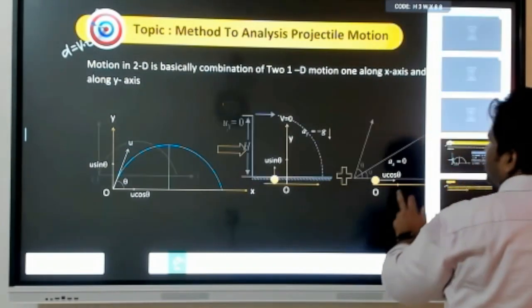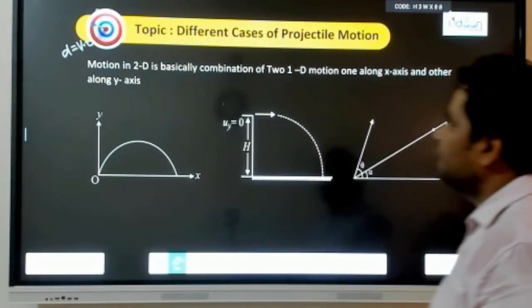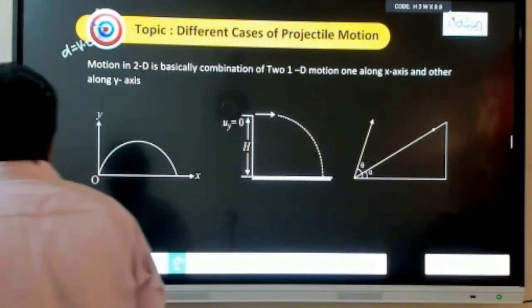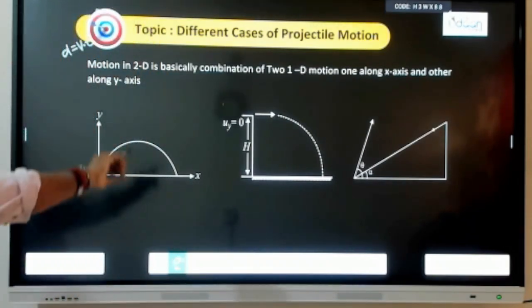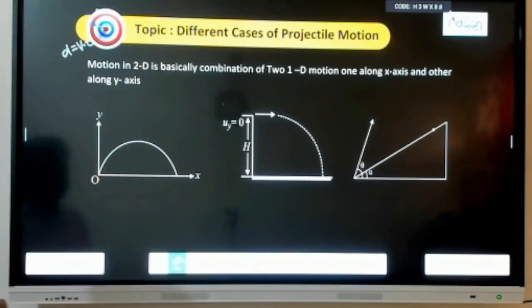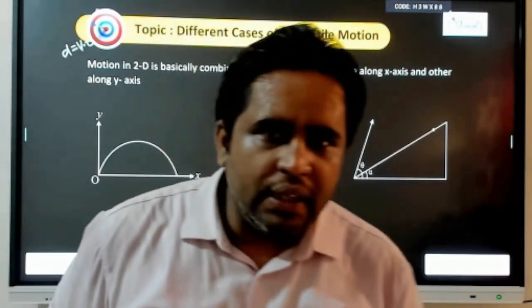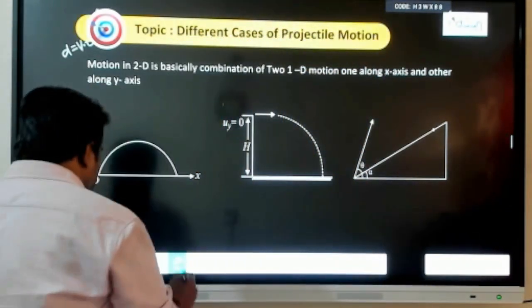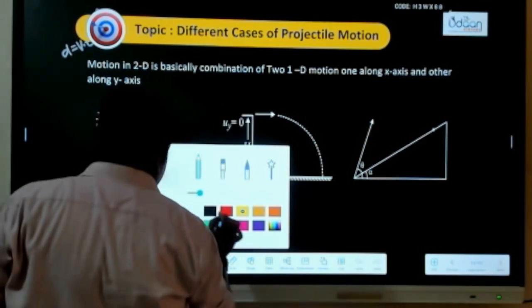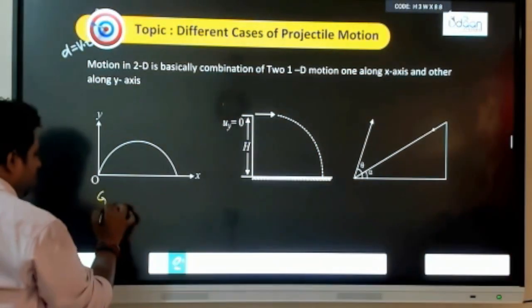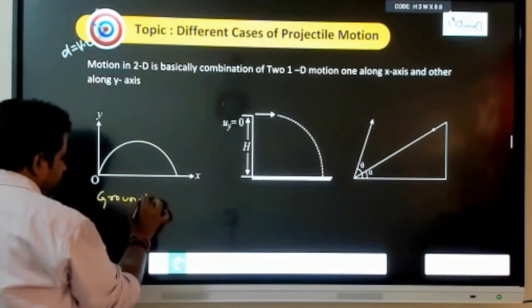Yes, let us talk about a few of the conditions of projectile motion. Here I am telling you that projectile motion is of three types, basically what we are going to cover in our syllabus. Here it is the projectile motion, which will be said as ground to ground projectile motion.